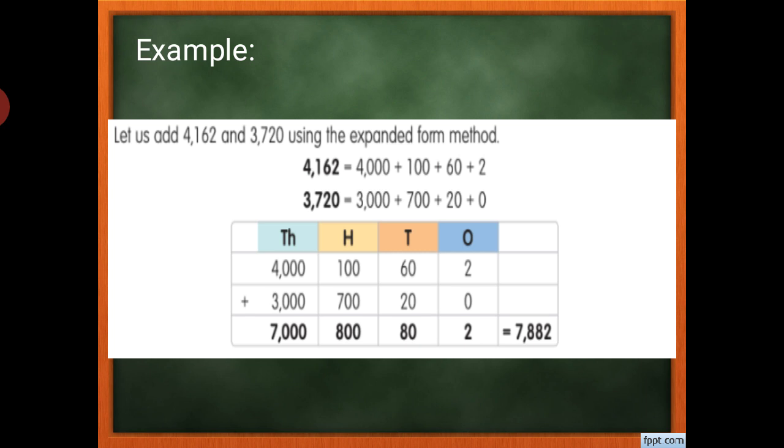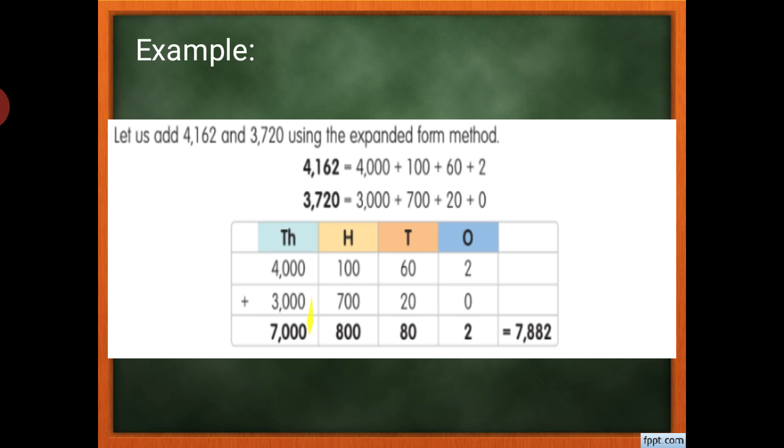Another number is 3720. So we have expanded as 3000 plus 700 plus 20 plus 0. After expanding the numbers, we have arranged this according to their places, like ones, tens, hundreds and thousands. We have written ones below ones, tens below tens, hundreds below hundreds and thousands below thousands.